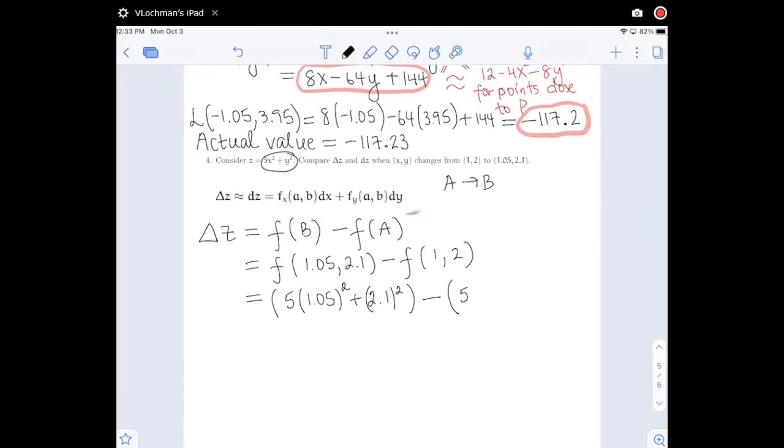So 5 times 1 squared plus 2 squared. And this is the actual change, and it turns out it's 0.9225. Of course, I'm using a calculator for this one. I'm not assuming we're going to do this in our head. So this is the actual change in z.